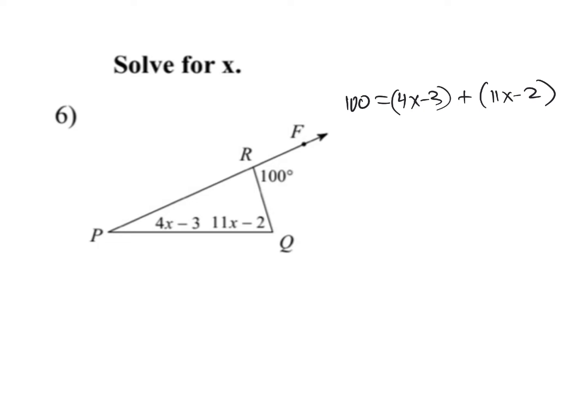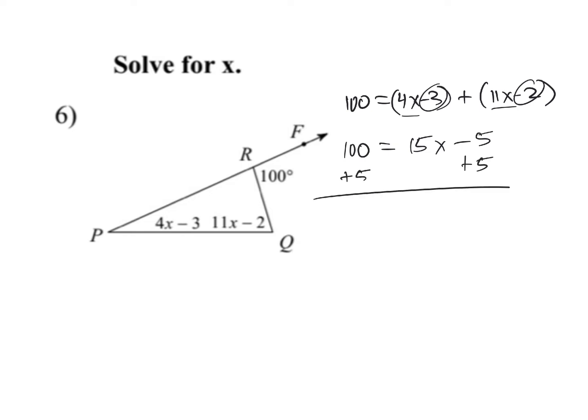There's nothing to distribute. So we just put like terms together. So 100 equals 15x. Negative 3 and negative 2 is negative 5. All right, so add 5 to both sides. 105 equals 15x. Divide by 15. And x is equal to 7.